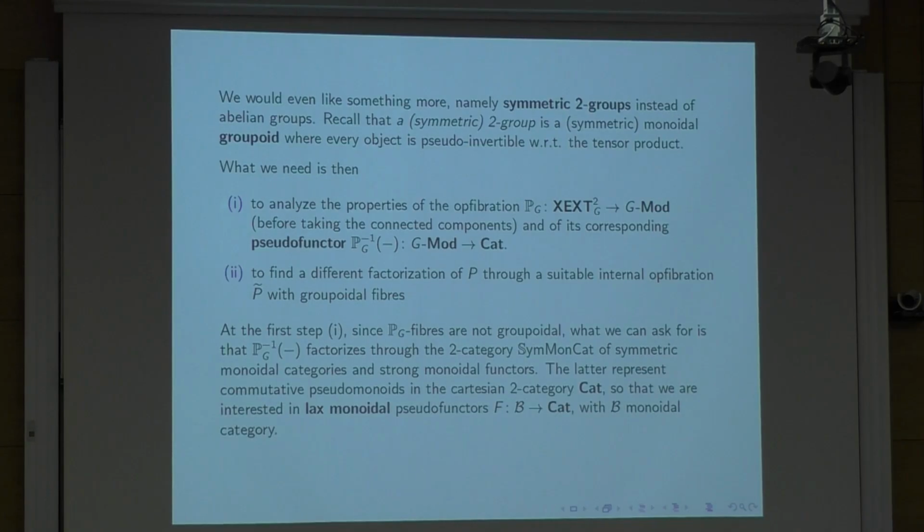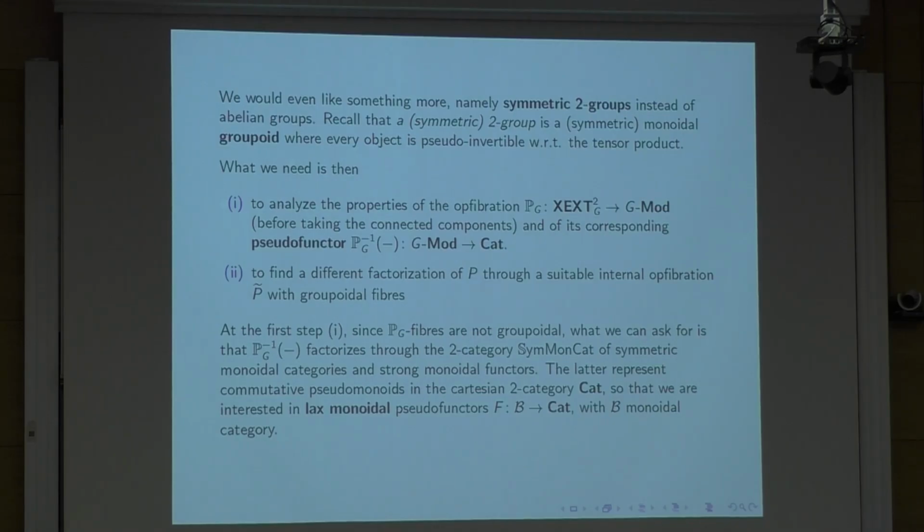And these two categories, symmetric monoidal categories, represent commutative pseudomonoids in the Cartesian 2-category Cat. So what we are interested in are pseudo-functors starting from a monoidal category, which are endowed with a lax monoidal structure. What is this? And why are we interested in such a pseudo-functor?